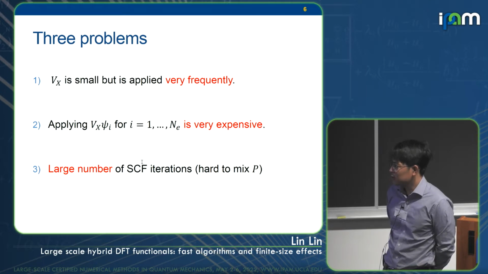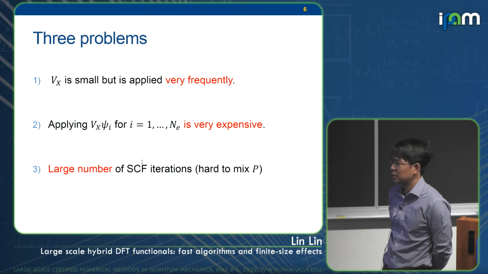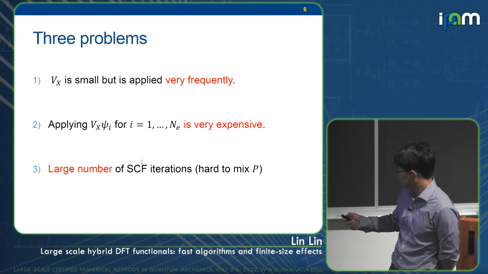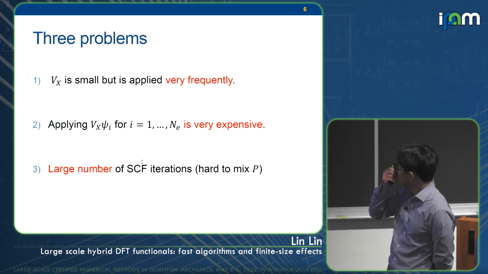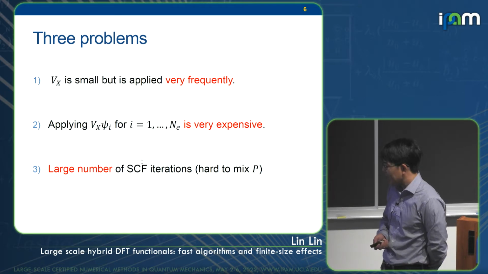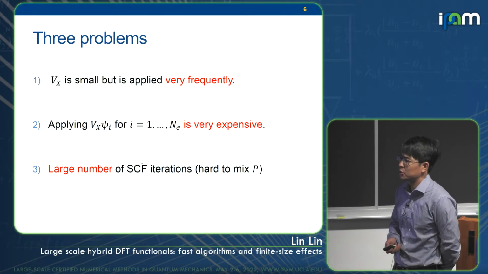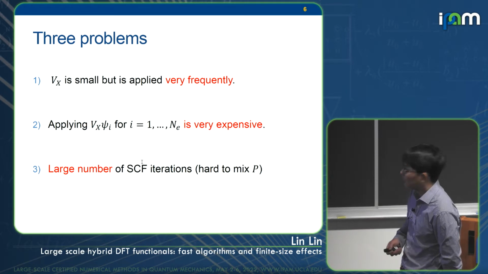So this structure actually presents three separate problems, although they're correlated with each other, but more or less separate. One is that the Vx, the exchange part, in terms of magnitude is relatively small. It's about 2 to 5 percent in terms of the operator norm, but it is applied very, very frequently.